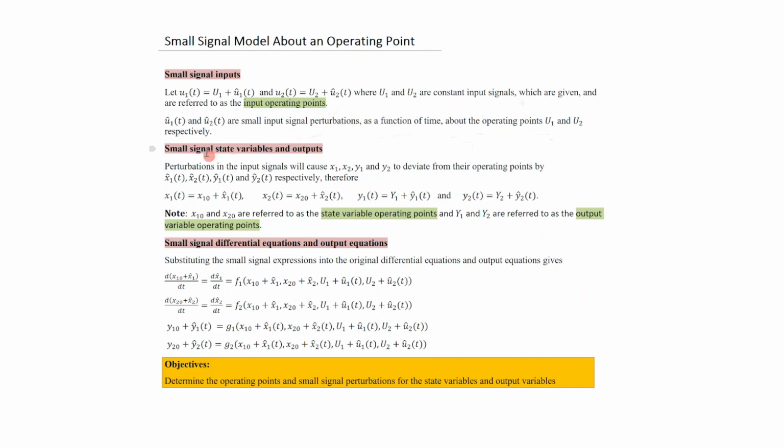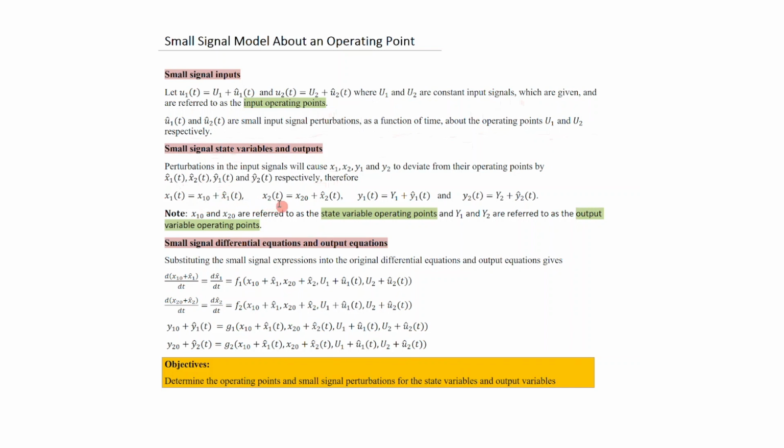The next thing is to look at the state variables and the output variables. Perturbations in the input signals will cause the state variables and the output variables to change. So one of the state variables will now be defined as its steady state value plus a perturbed value.